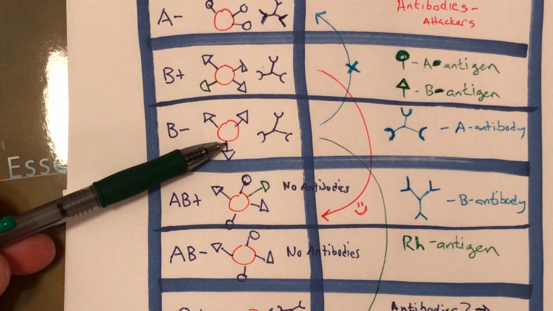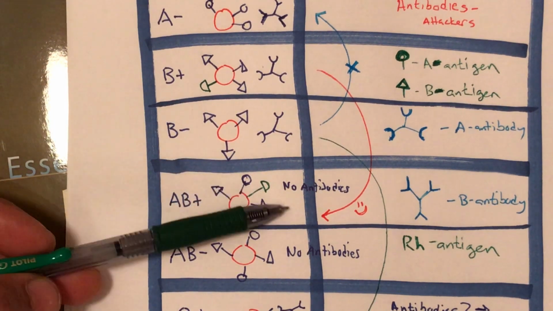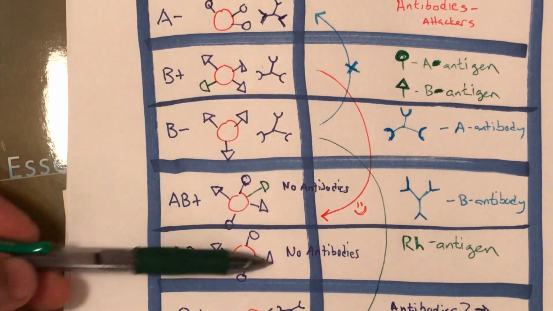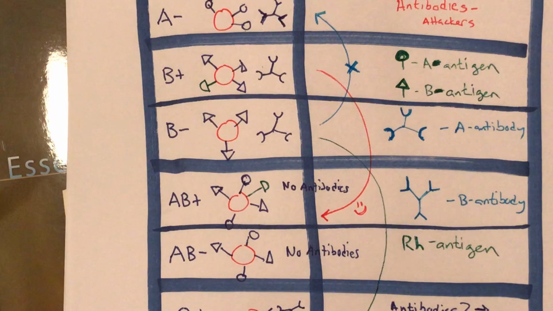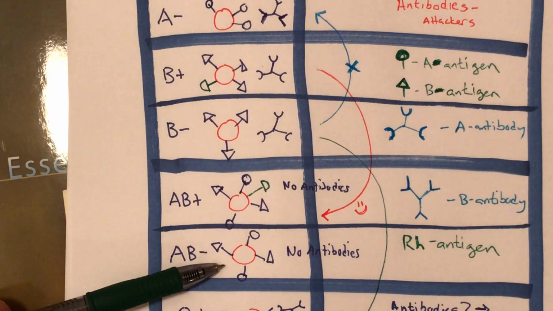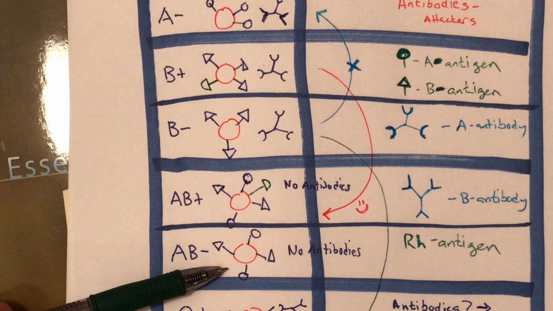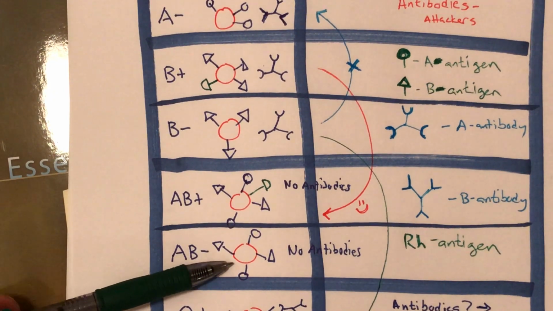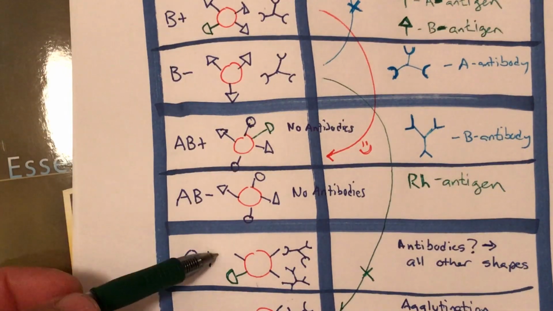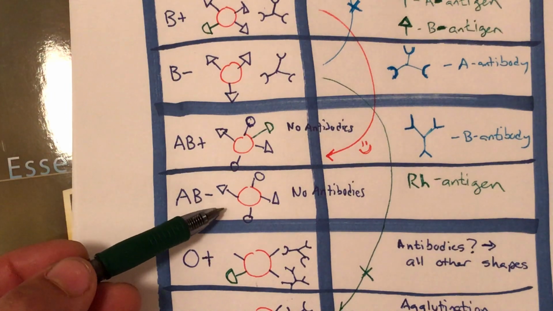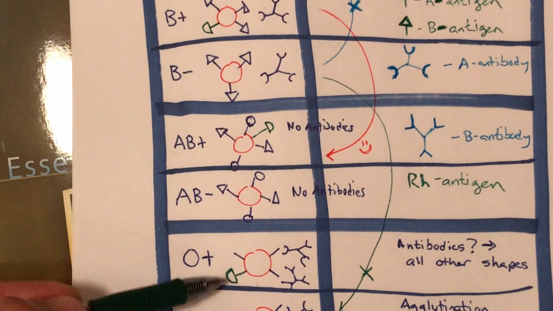This person's blood can go in here, no problem. This person's blood, this person's blood, this person's. So AB positive must be the universal recipient. AB negative is very close, except they're missing that D antigen, which would mean if O positive gave to AB negative, that is a foreign antigen.